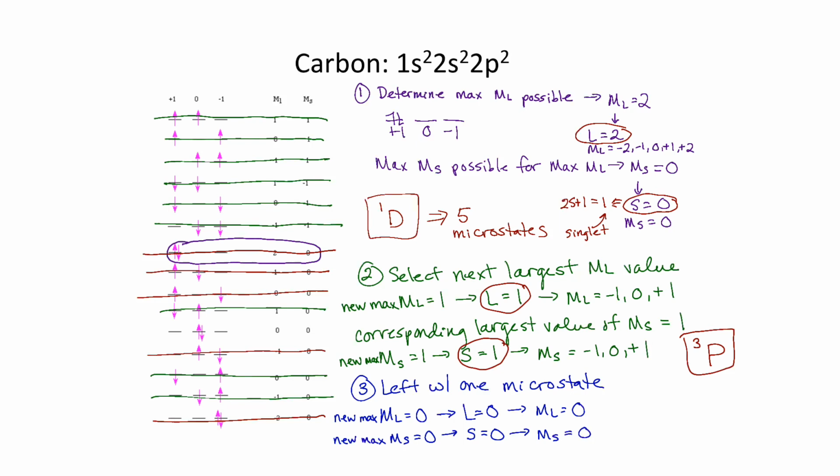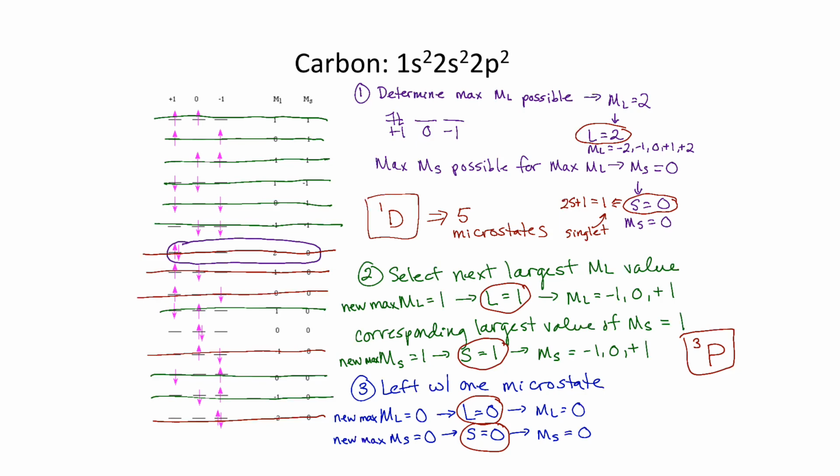So we see that we only get one possible combination of M sub L and M sub S, which means that's 1 microstate. If we determine the term symbol that corresponds to those values of L and S, remember it's the L and the S that you want to use to put your term symbol together.